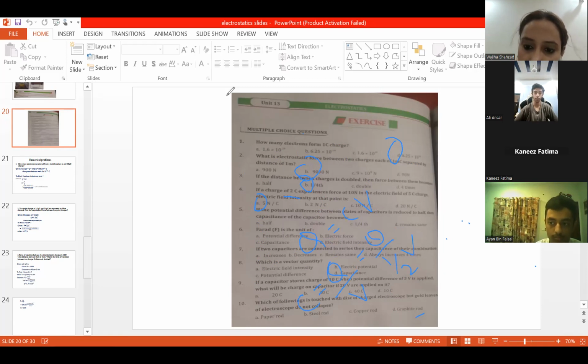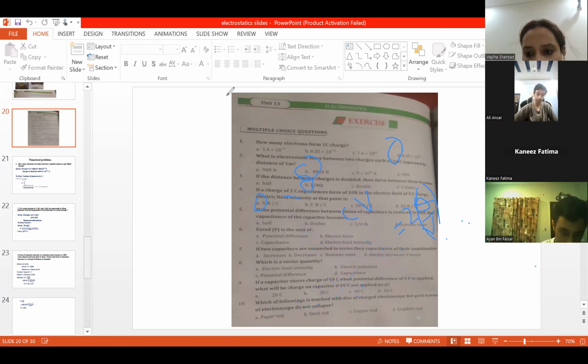So this 2 we can take in the numerator, we will get 2Q by V. This is again the capacitance. So it means if we halve the potential difference, the capacitance will be double. So the right option is option number B. Mark the option B, which will be double.